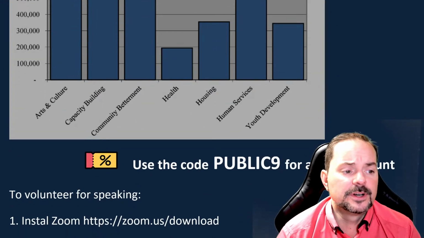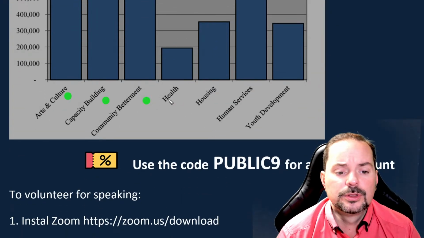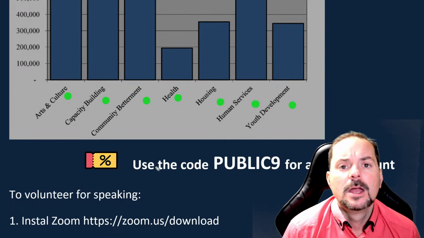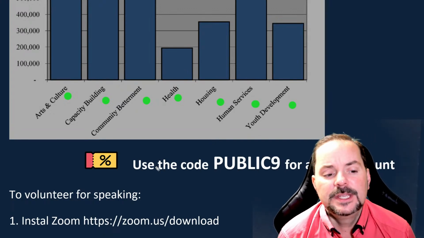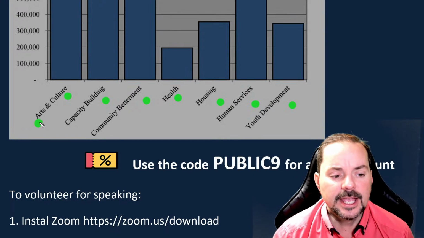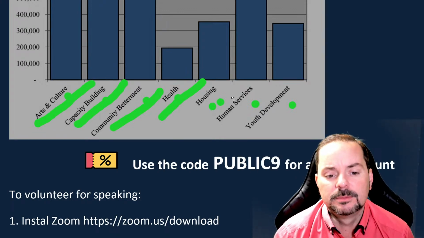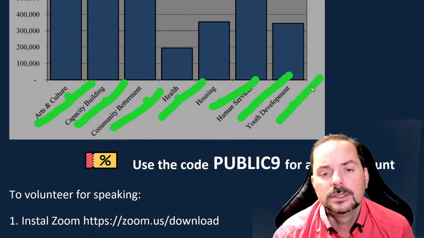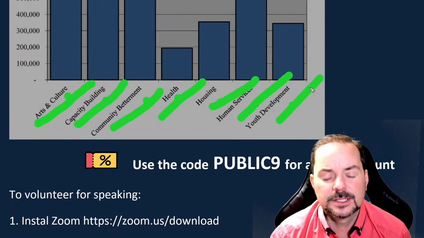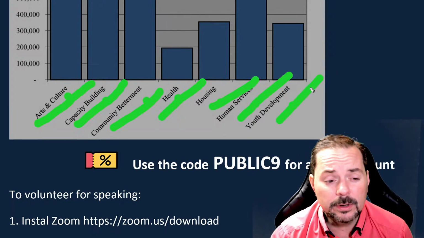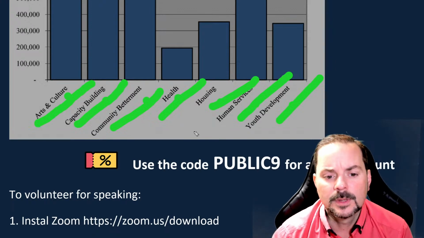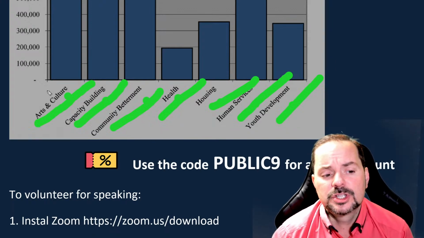Now, if we look at those various sectors, there's 1, 2, 3, 4, 5, 6, 7. Now, these have fairly long names like arts and culture, capacity building. So I wouldn't probably list these all because it will be a little bit awkward. So what I would do is I would just give the number.